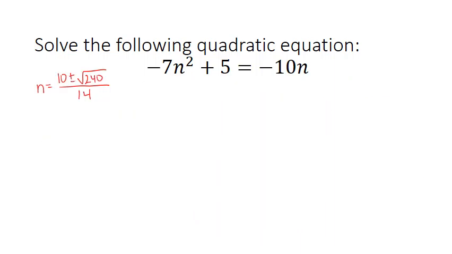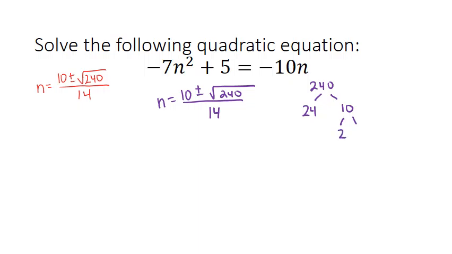Now we need to simplify the very last thing. We need to simplify what we already have, which is n equals 10 plus or minus the square root of 240 all over 14. 240 can be broken up into 24 and 10, which can be broken up to 2 and 5, and 4 and 6, and 2 and 2, and 2 and 3.